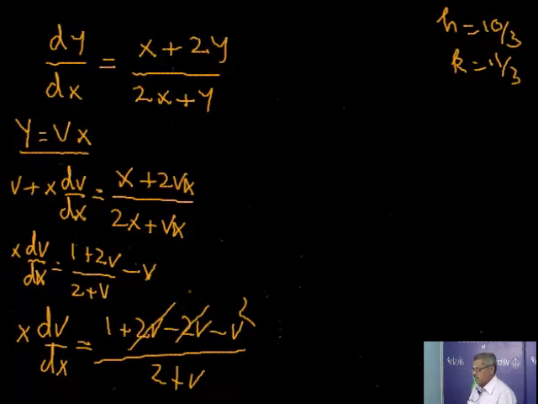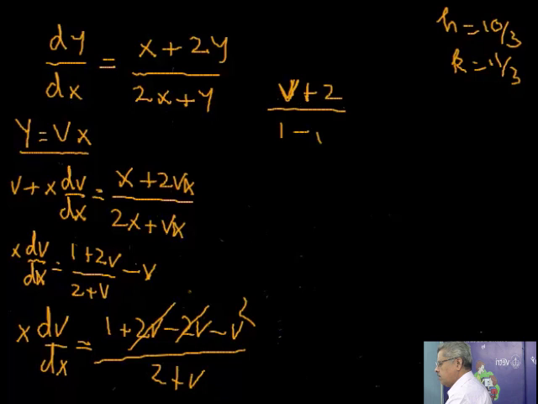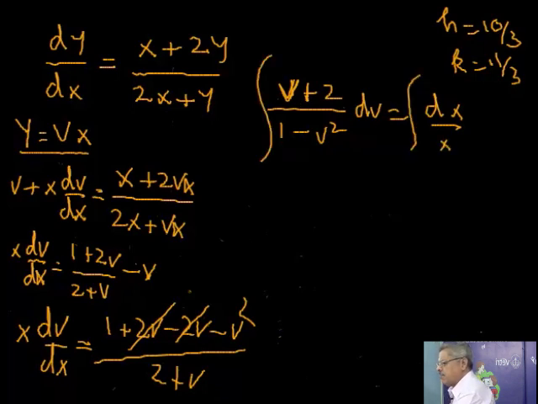You separate the variables v and X, therefore cross multiplying, we get (v + 2)/(1 - v²) dv = dX/X. We are able to get a very simple differential equation in v and X. Variables are separated.